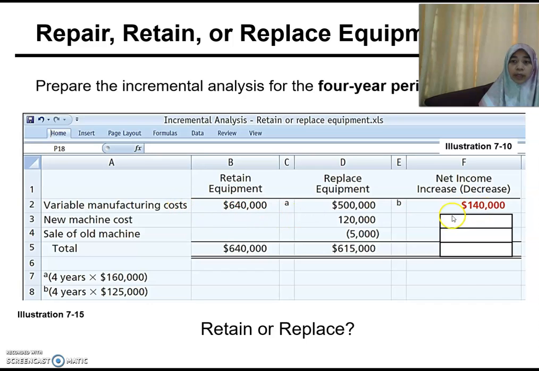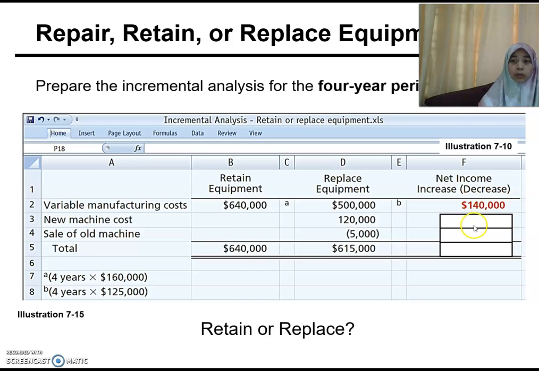Okay, so if you look at the net income increase or decrease, the difference in your variable manufacturing cost, if you replace the machine, is a savings of 140,000. Because if you retain, the variable manufacturing cost will be higher since this is an old machine. Most likely you will incur more cost compared to replacing with a new one, because the new machine will be more efficient and you can reduce your variable manufacturing cost.